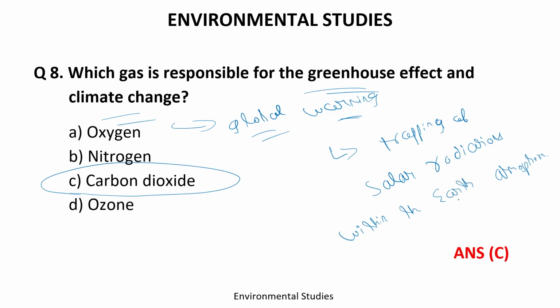So this is the global warming. And the gas which is related with the global warming is the carbon dioxide. So the answer should be C. All right. Let's move forward.